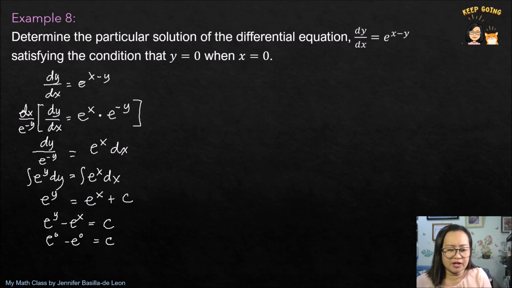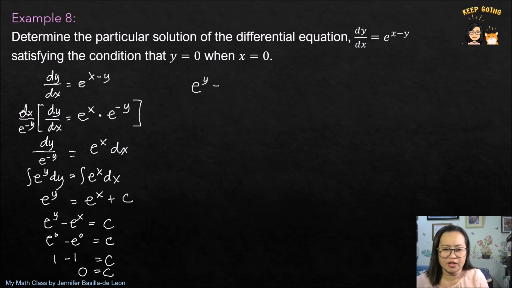Now a non-zero number raised to the 0 power is 1. So we will have 1 minus 1, that is 0. So therefore, c is equal to 0. Now writing the particular solution, we will have e raised to y minus e raised to x equals 0.